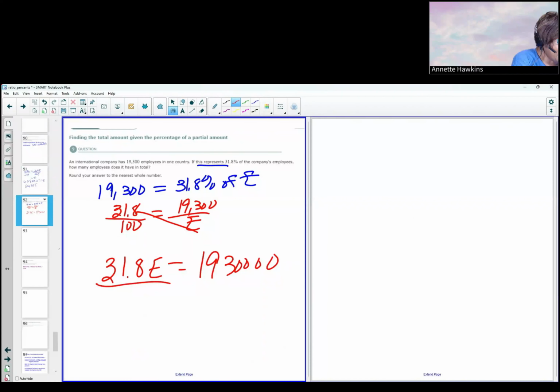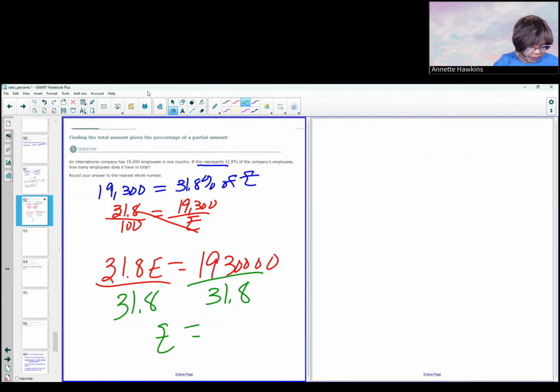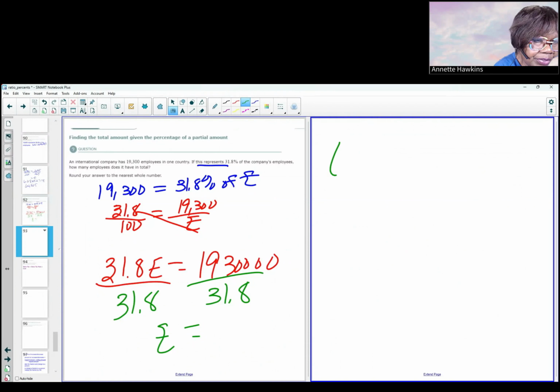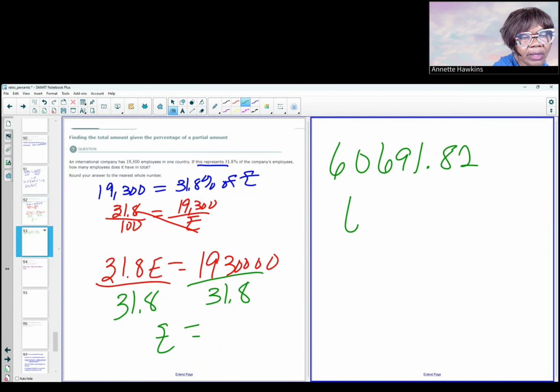And then we divide by 31.8. So E equals 60,691.82, 60,691.